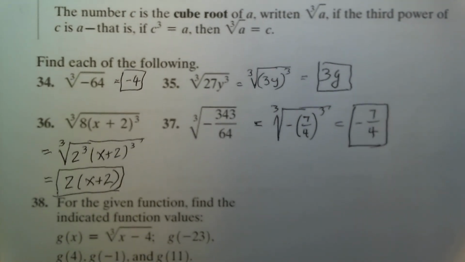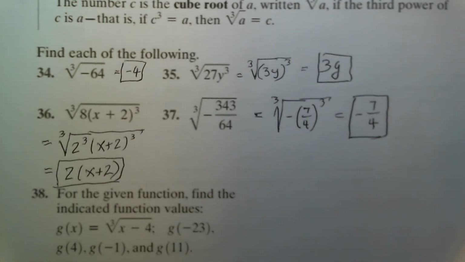And in number 38, we are asked to evaluate a function. It has a cube root here. So g of minus 23, that means we replace x with minus 23. So that would be the third root of minus 23 minus 4.